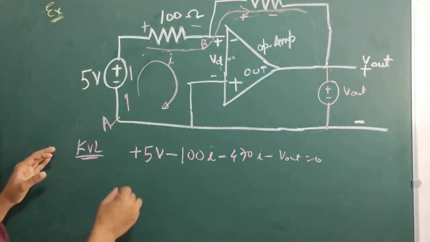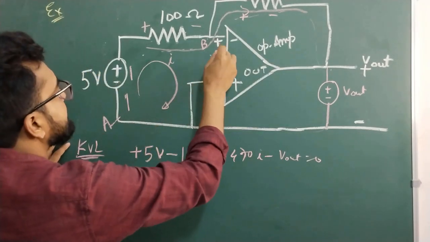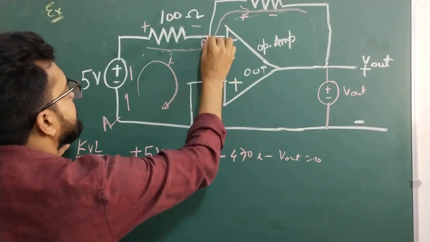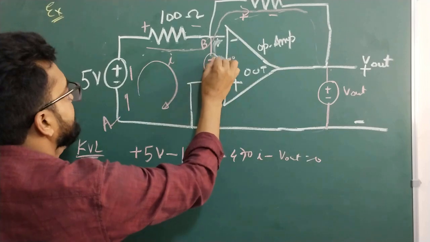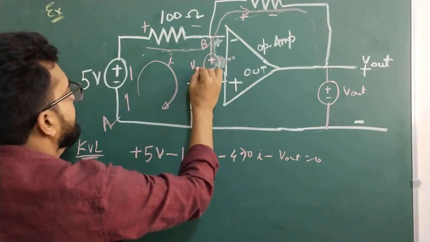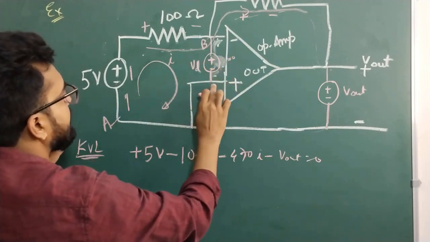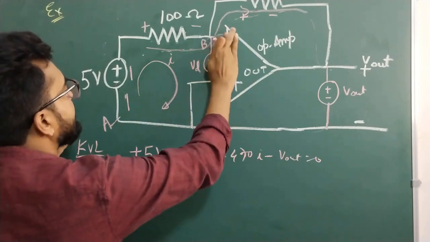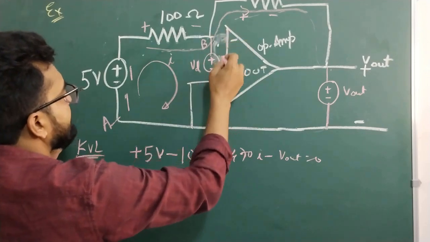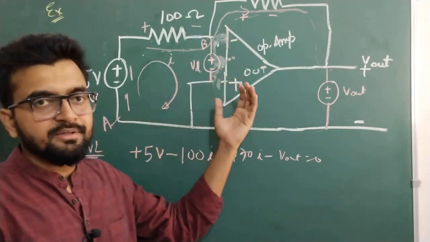We can replace this VD with a voltage source like this, plus here and minus here. It's given in the question itself, VD. There is no current going here, so you can just remove this for the time being. Ideally there shouldn't be any current going into the amplifier.